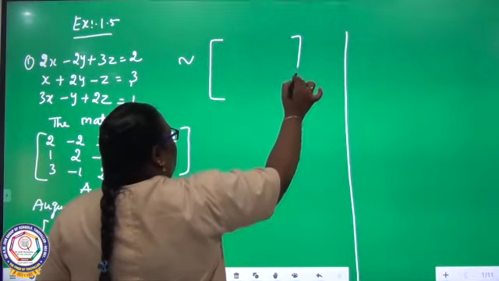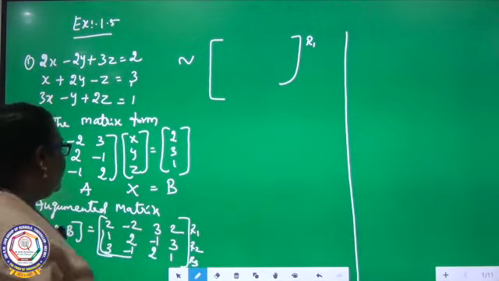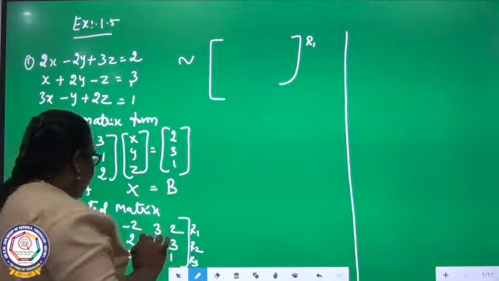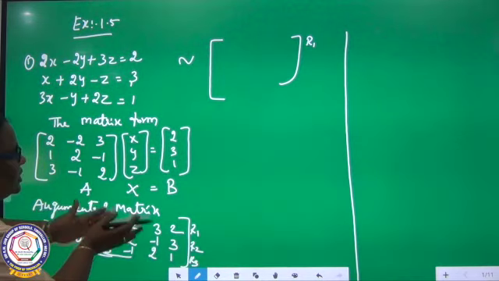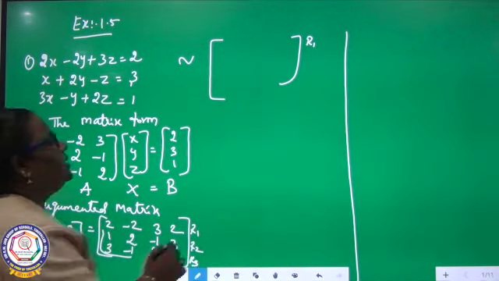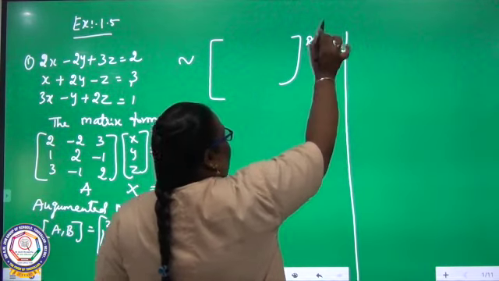See here, R1 as it is. If the first number is 1, it is easy to do the sum. So I can interchange R1 and R2.